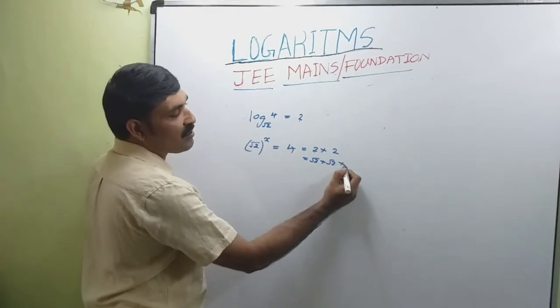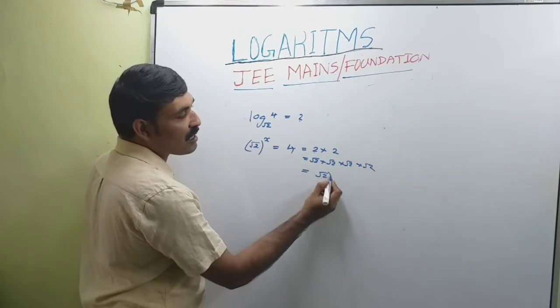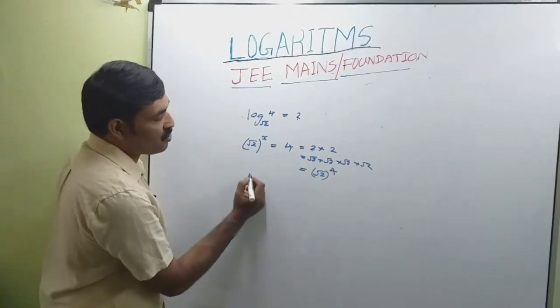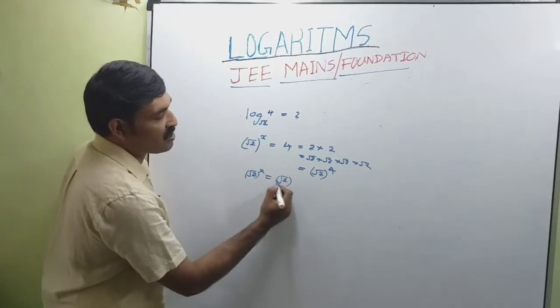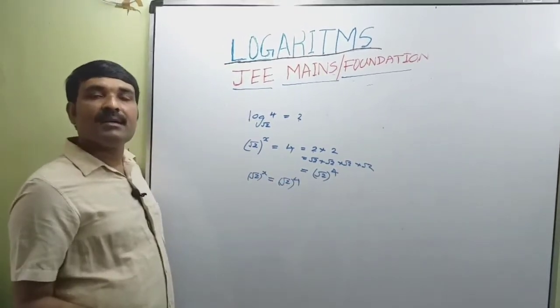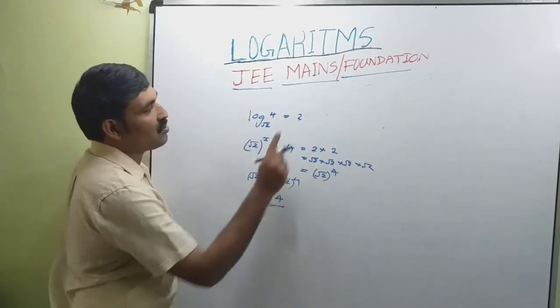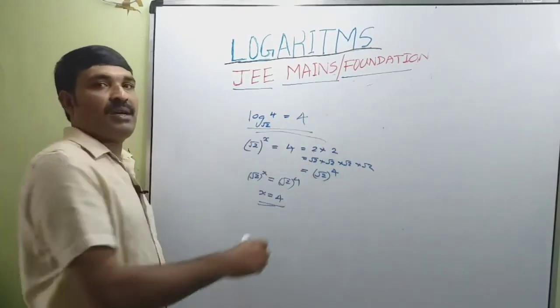This 2 is again root 2 into root 2. So this is equal to root 2 raised to 4. That means root 2 raised to x is equal to root 2 raised to 4. Now comparing the powers, x is equal to 4. So the answer for this question is 4.